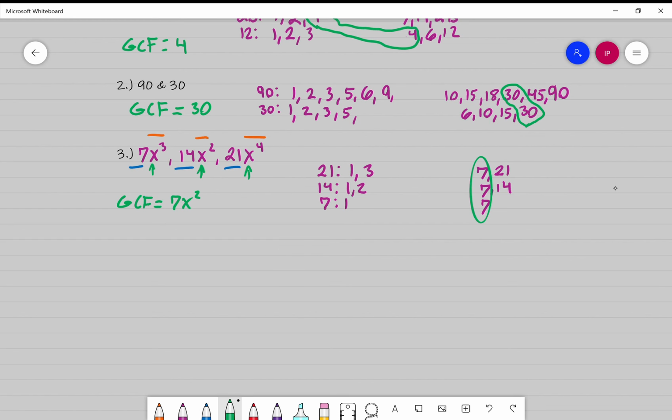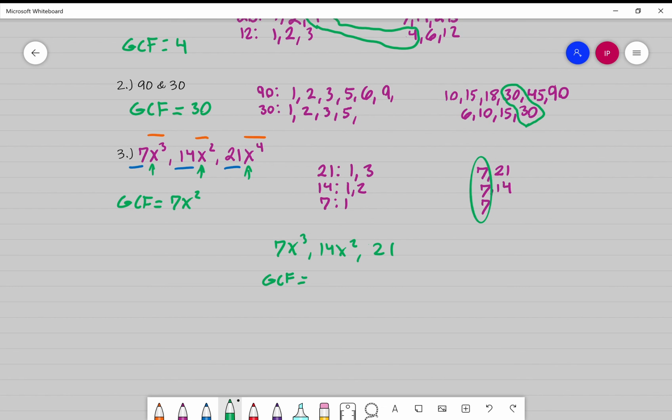And another tip is, let's say I had an example. I'm just going to use these numbers from number 3. But let's say I had 7x cubed, 14x squared, and let's say I just had 21. I didn't have x. Well, in this example, we would have a GCF between the numbers.